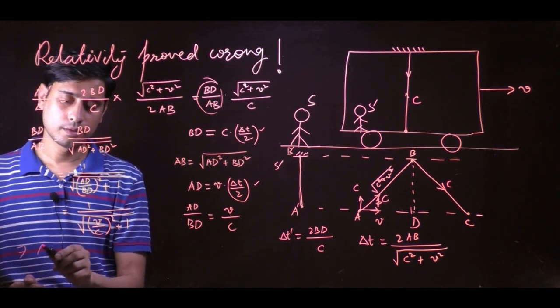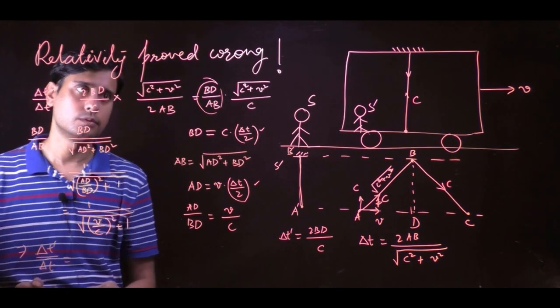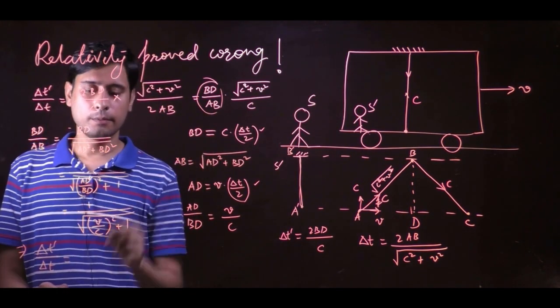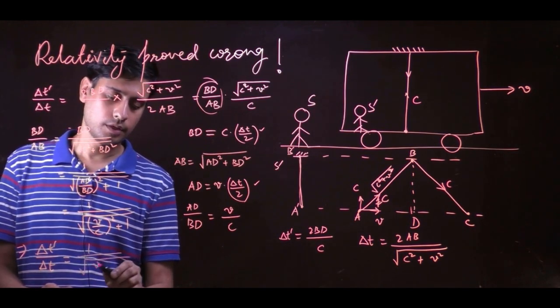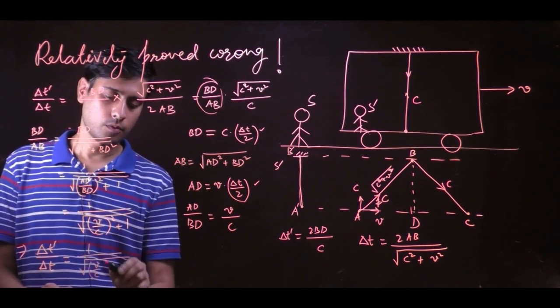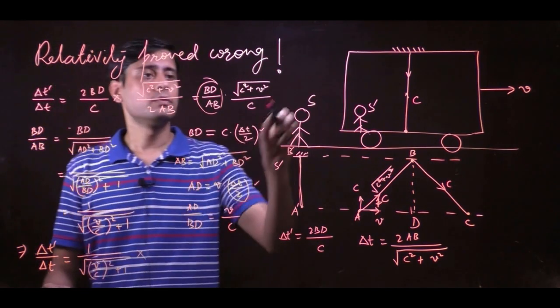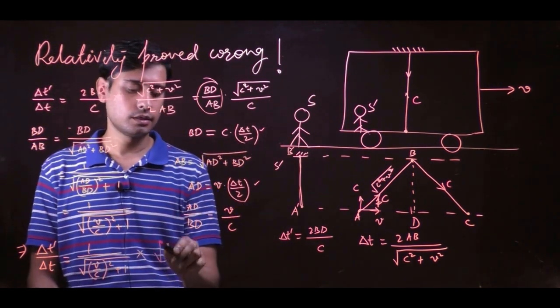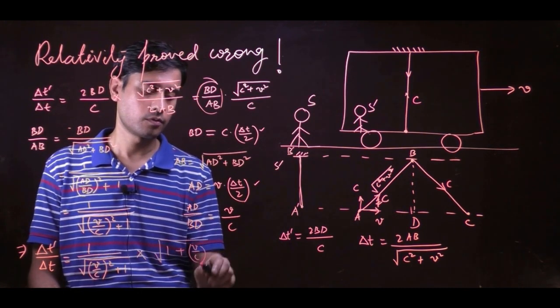This implies delta t prime upon delta t will be equal to this BD upon AB thing, the square root of v upon c whole square plus 1, into, now if you divide this by c, then you will get 1 plus v by c whole square.